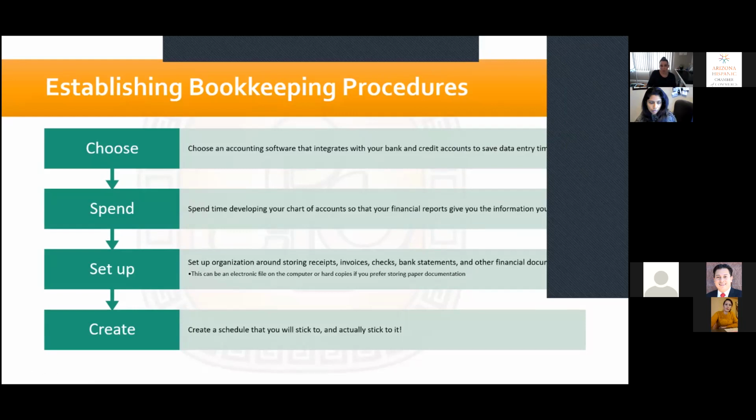A lot of times, especially if you're working with a really large corporation or a city or municipality, they may have their own terms, and they might tell you you have 45 days once you submit an invoice before they're going to pay you, and there's not a lot you can do about that. So you just have to prepare that into your cash flow and into your projections.